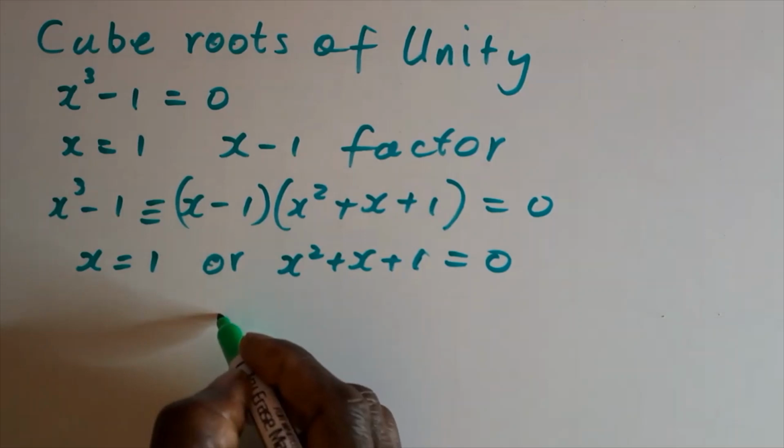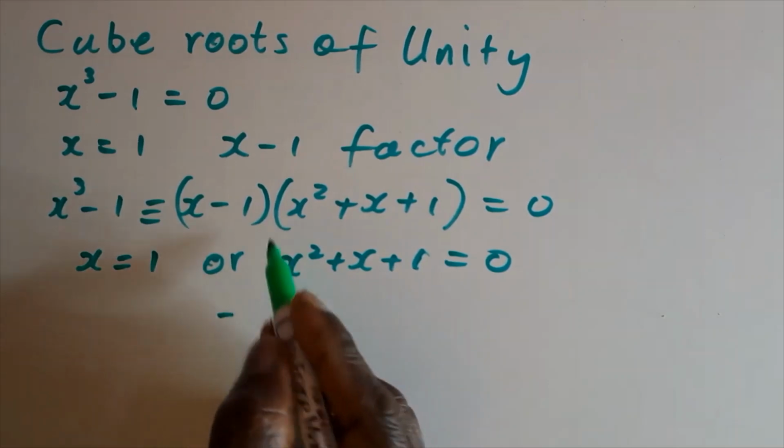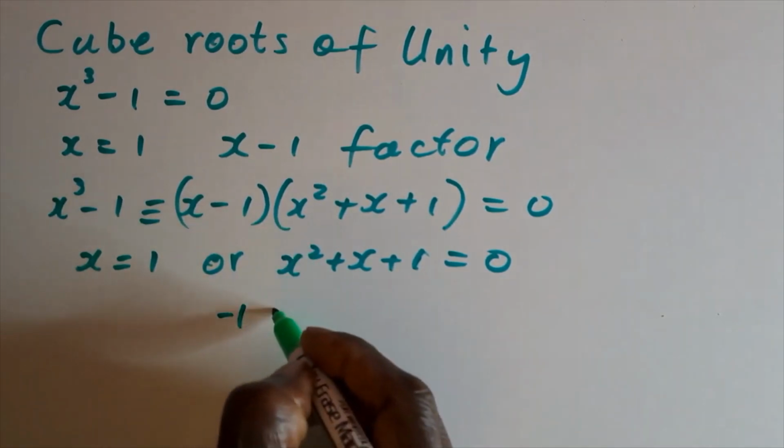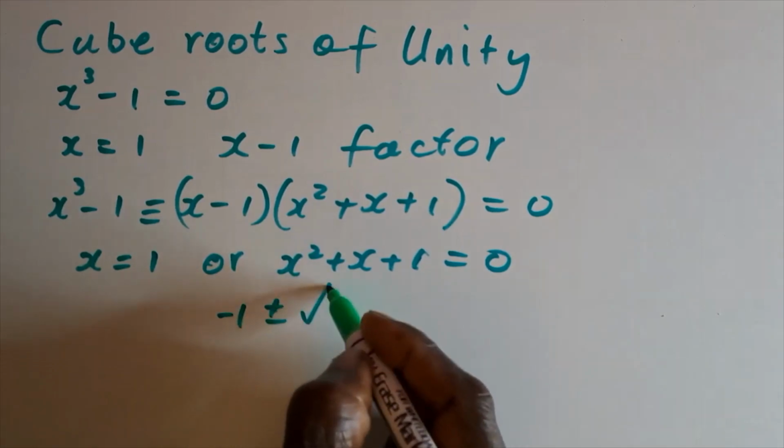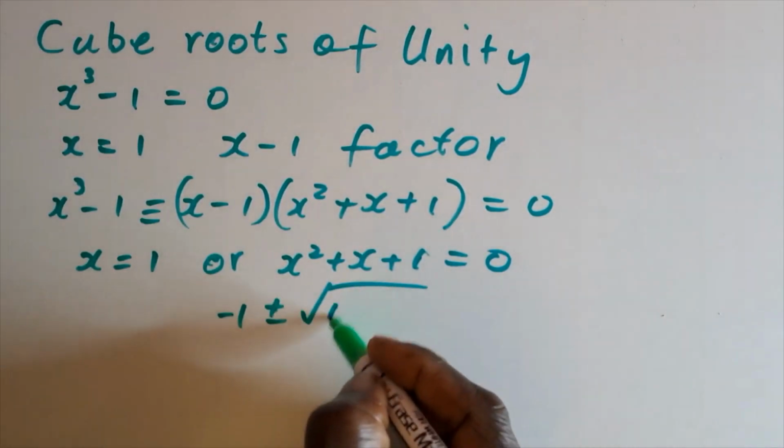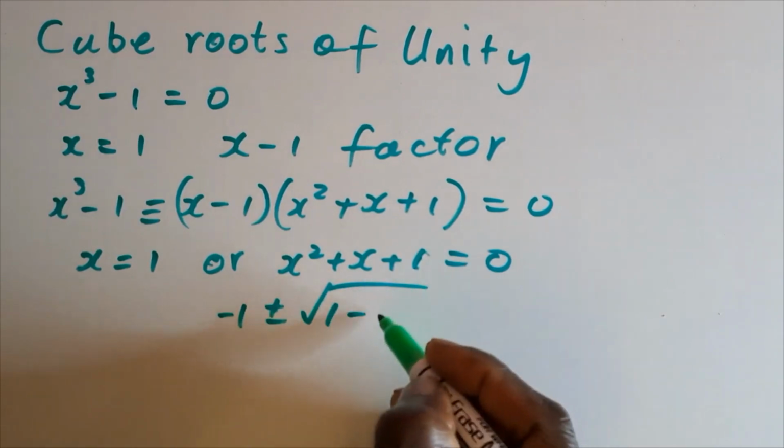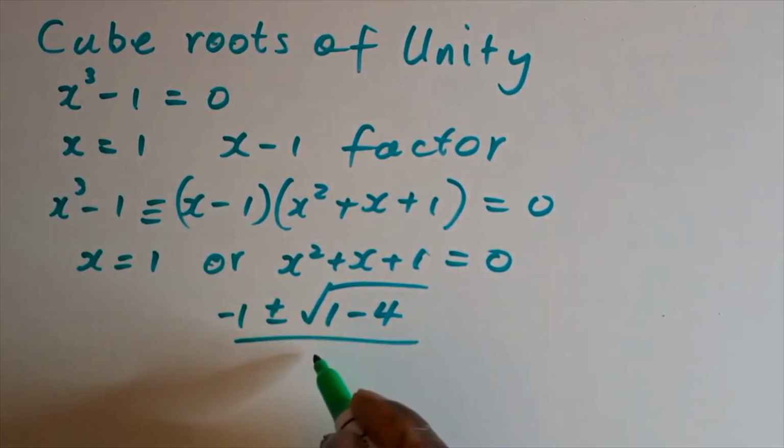So doing this, we have minus b plus or minus the square root of b squared minus 4ac all over 2a, which is 2.